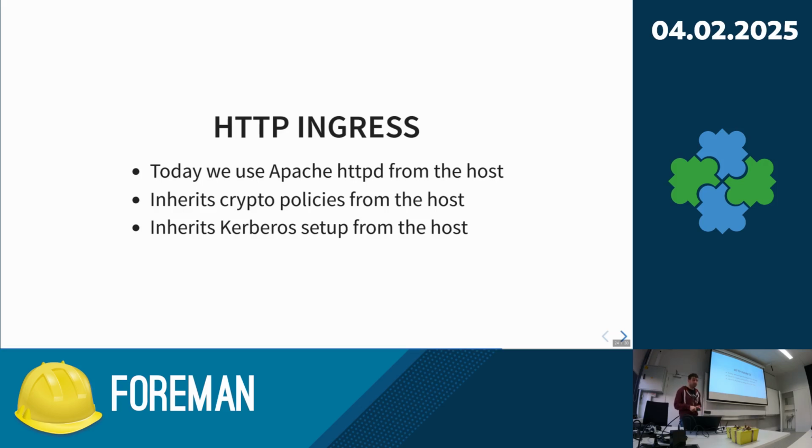This wouldn't work anymore in a container, so we need to figure that out. Lots of question marks, and I guess we will have a lot of angry people if we say we're dropping Kerberos support. So we should avoid that.